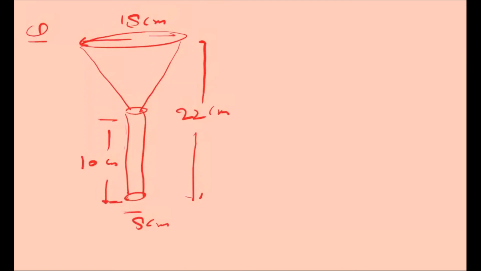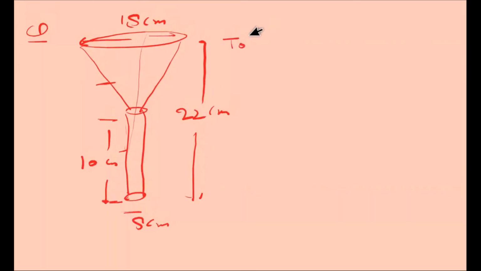An oil funnel made of sheet consists of a 10 centimeter long cylinder portion attached to a frustum of a cone. Now this is the frustum of a cone. If the total height is 22 centimeter, the diameter of the cylinder portion is 8 centimeter, and the diameter of the top of the funnel is 18 centimeter, find the area of the sheet required to make the funnel. So this area we have to find because it is hollow.